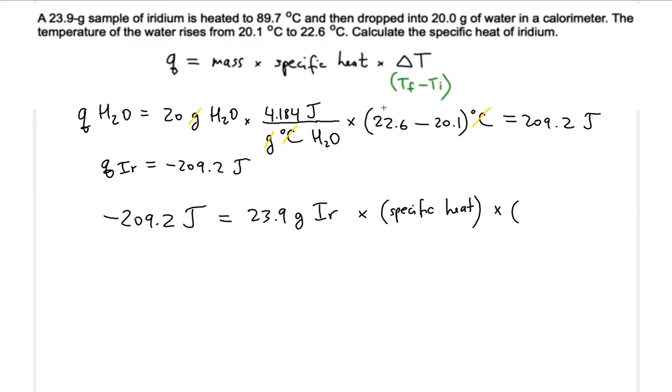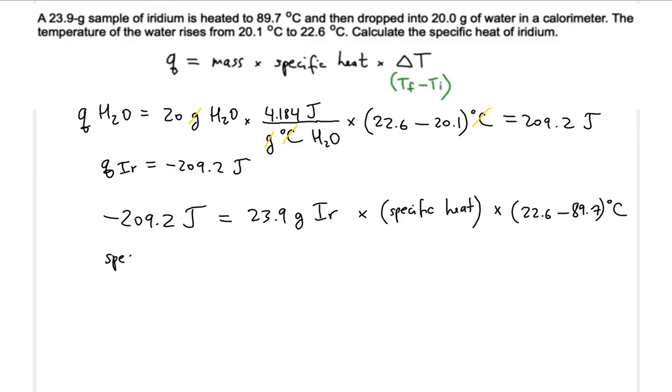And the temperature change will be the final, 22.6, minus the initial, 89.7 degrees Celsius. And of course, if you solve for specific heat, you should divide this side by both of these at the same time.